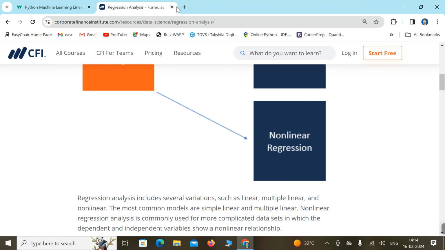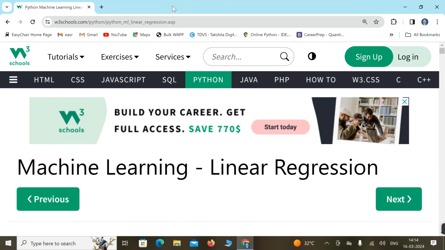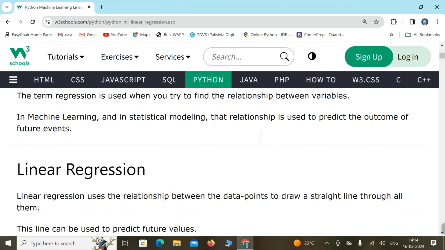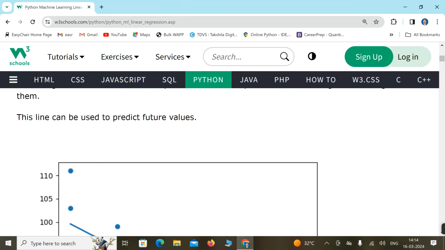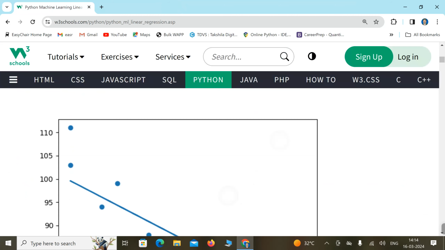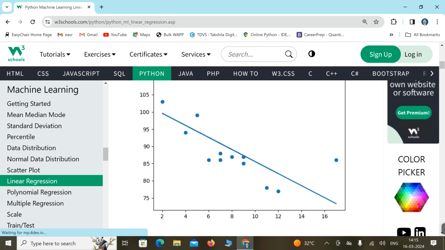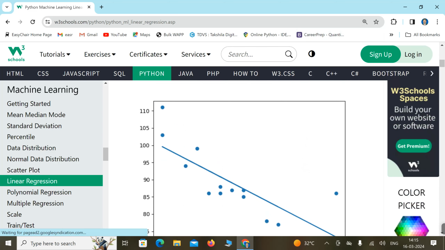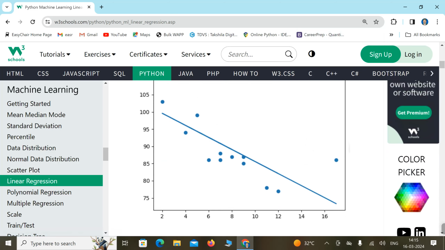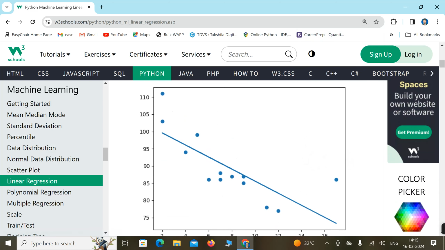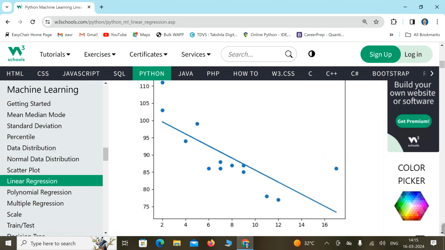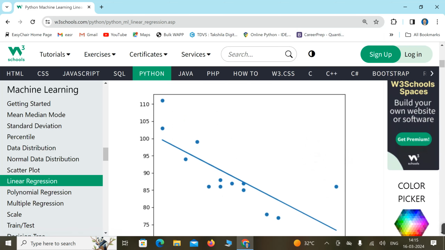Now let's go to the Python programming for learning linear regression. You can see plots here which are drawn by taking the values on the x-axis and values on the y-axis. These are the plots drawn by taking some data from the data set.